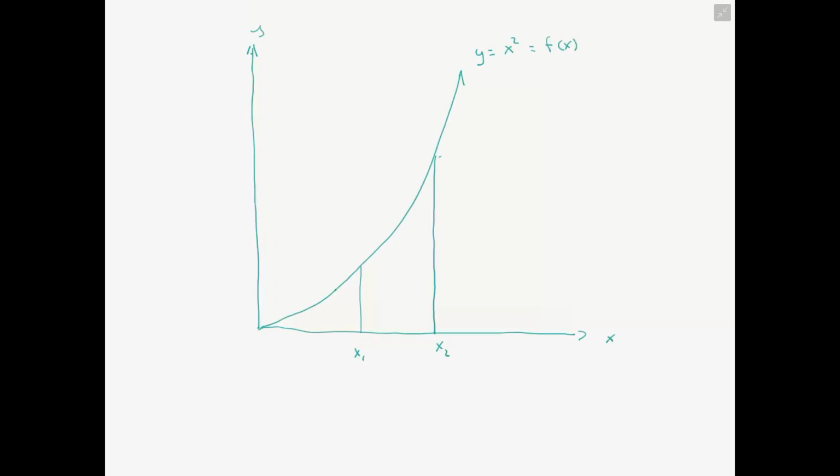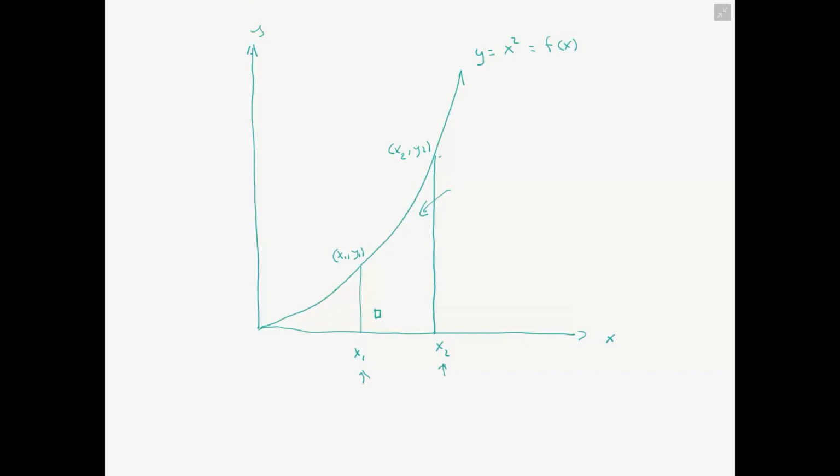This is your x-axis, and this is your y-axis. And then this point is x2, y2, and this point is x1, y1. And we want to look at the area here. What is that area between these 2 points of integration?